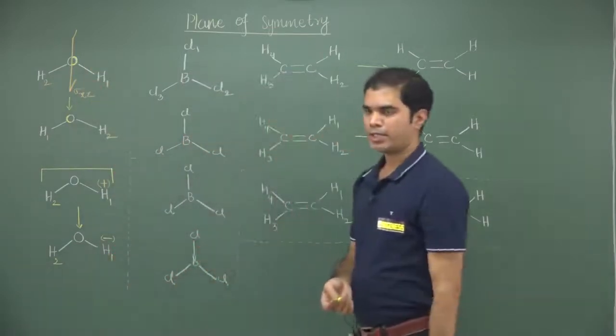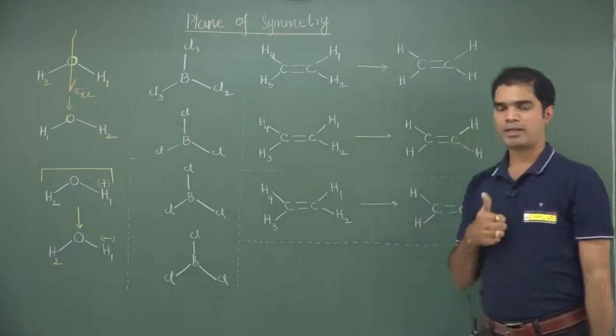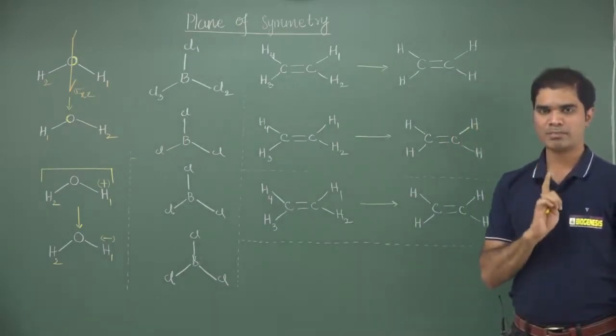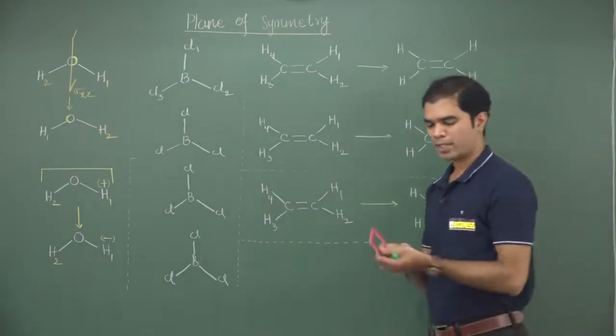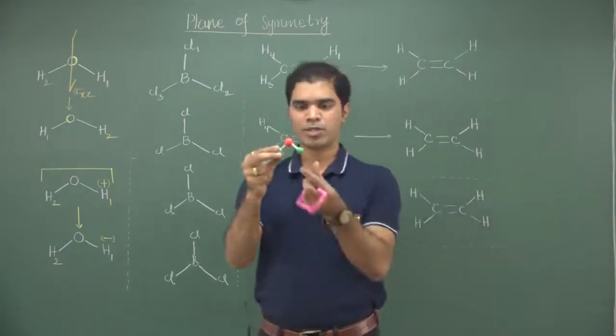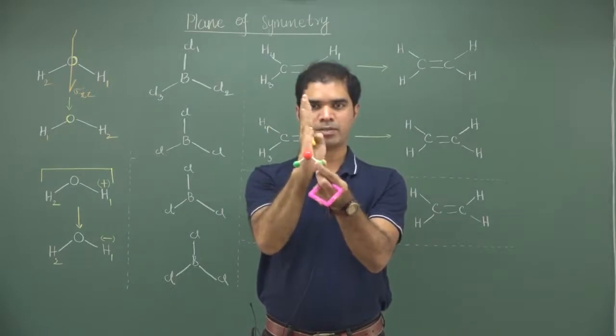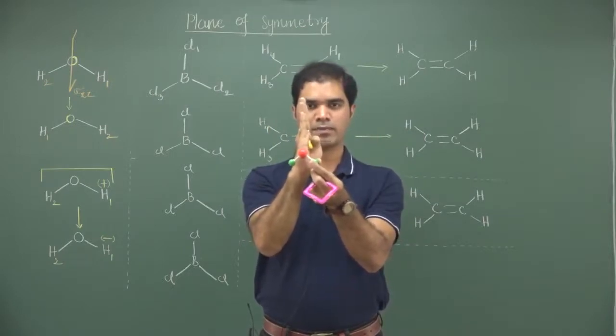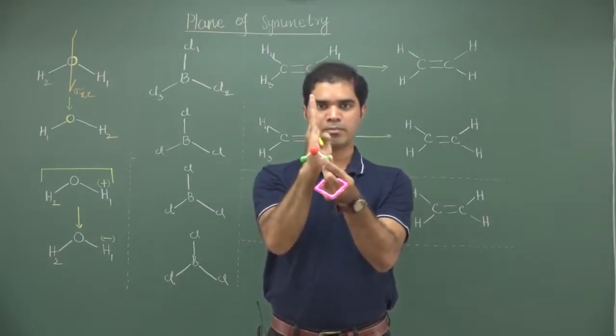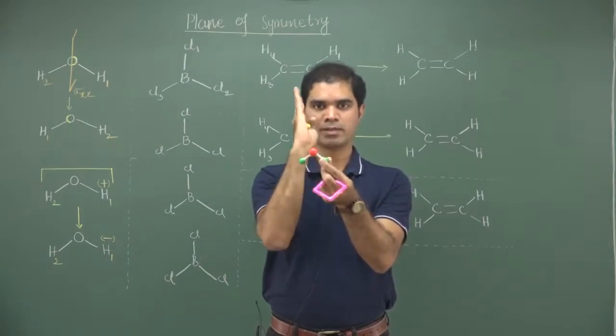Now in one of the videos I said any plane which is parallel to, or along, the principal axis must be called a vertical plane. So when I choose a water molecule, this is the principal axis, and any plane which is parallel to it or along with it must be called a vertical plane. Therefore this sigma xz, I am calling it a vertical plane.